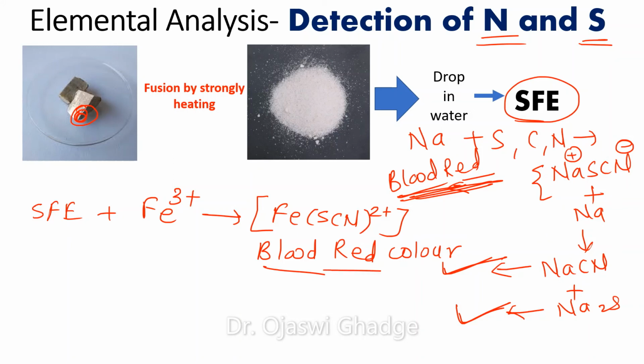So as soon as you get the blood red color, that means your sodium fusion extract had both sulfur and nitrogen, and thus sodium thiocyanate was present in the sodium fusion extract.